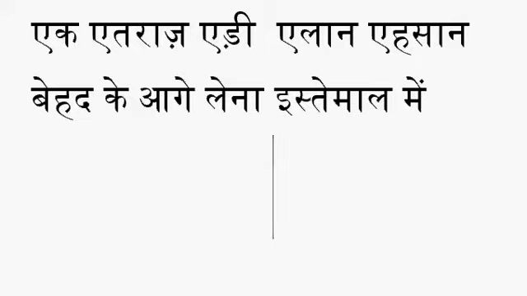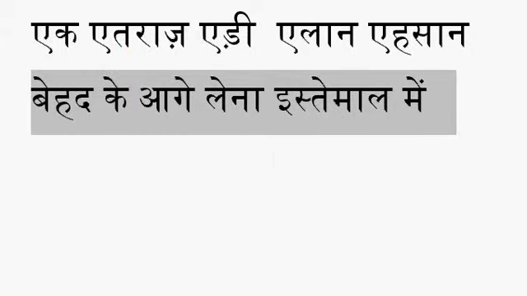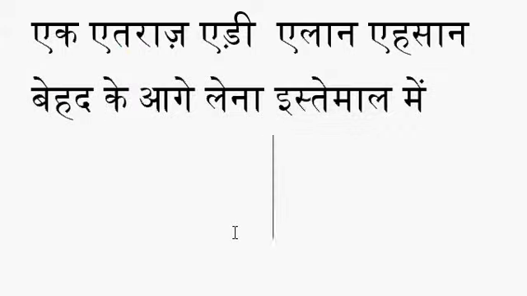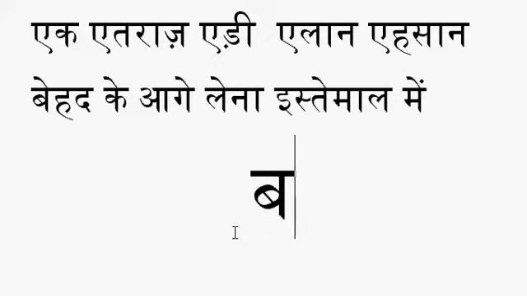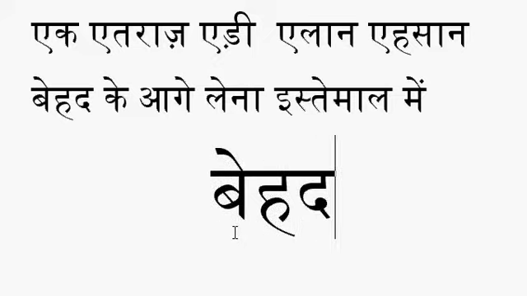Anyway, going on to the next line, we're looking at words that have a consonant with an E sound in it. So we go with ba, and we change it by adding the vowel diacritic. Be, ha, da: behad. Behad means extremely.